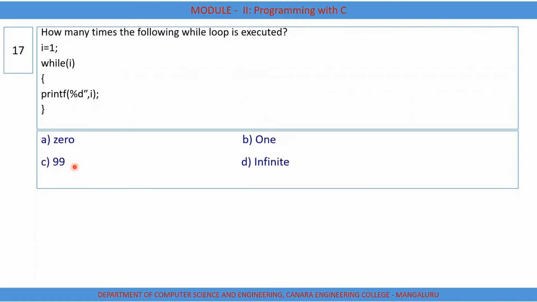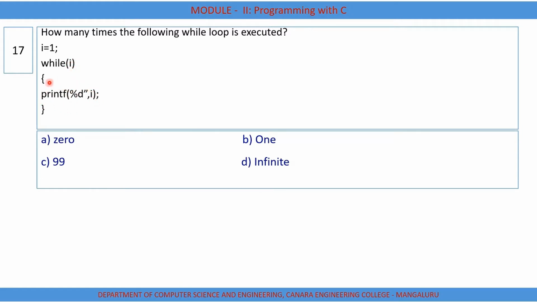How many times is the following while loop executed? Option A 0, option B 1, option C 99, option D infinite. If you see here, we have initialized the value of i as 1, while(1). 1 is a non-zero integer, so the condition is true and the printf statement is executed.